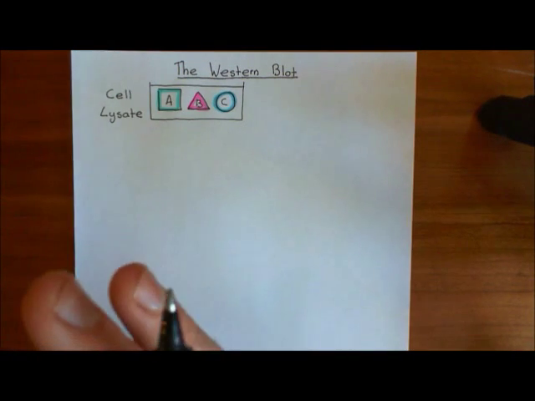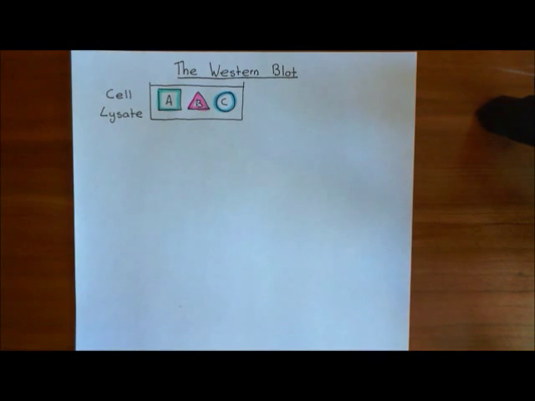In order to do this, what we firstly need to do is add loading buffer, and we need to denature our proteins within our cell lysate.